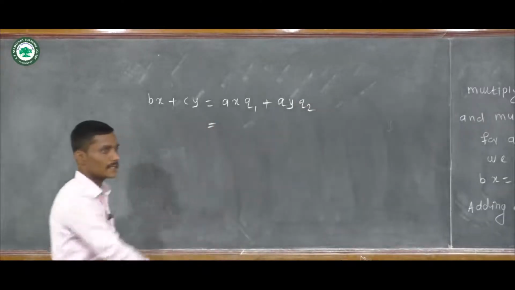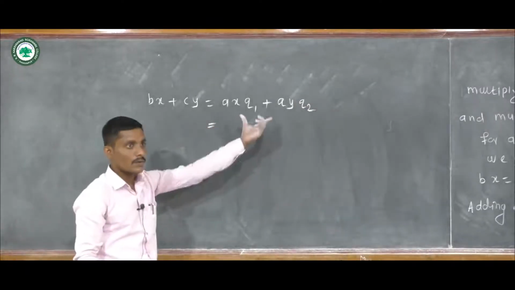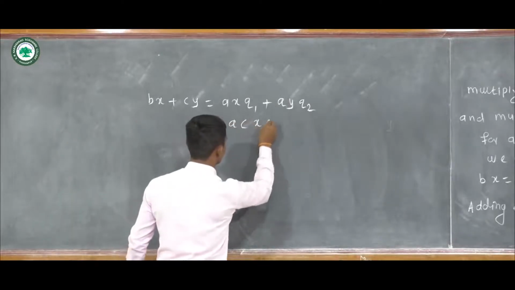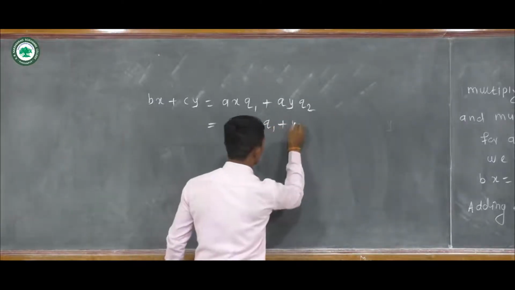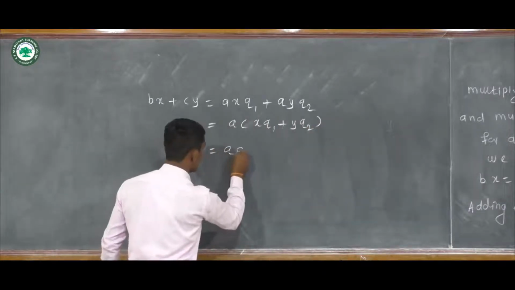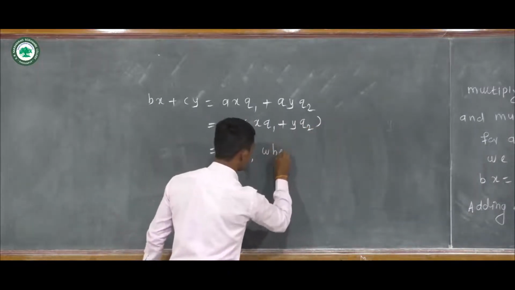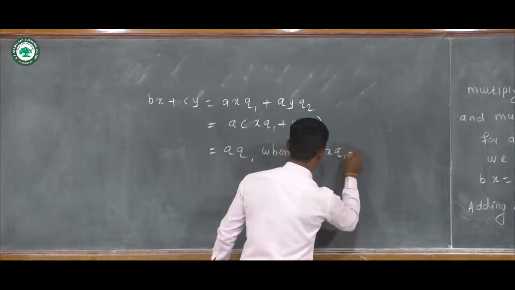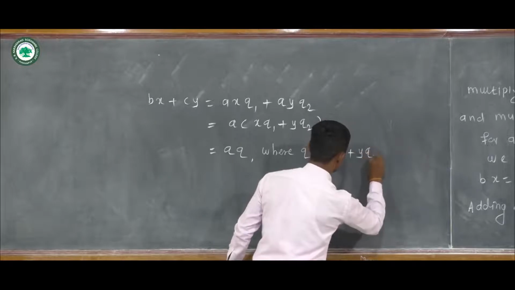Here on the right side of this equation, a is common to both terms. Now a into (x into q1 plus y into q2) is equal to a into q, where q is equal to x into q1 plus y into q2.